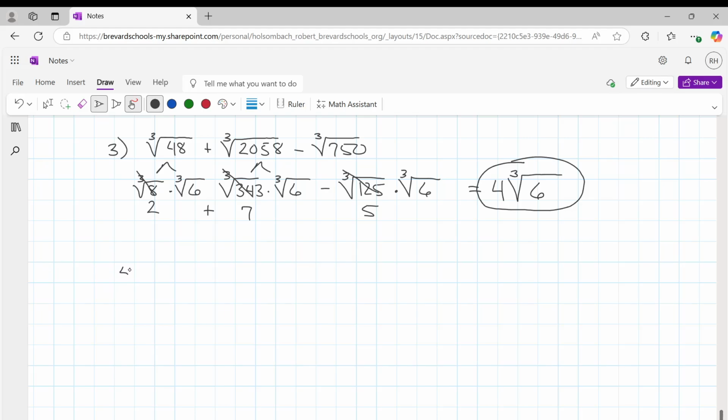Problem number 4. We got the third root of 1372 plus the third root of 108 minus the third root of 500.